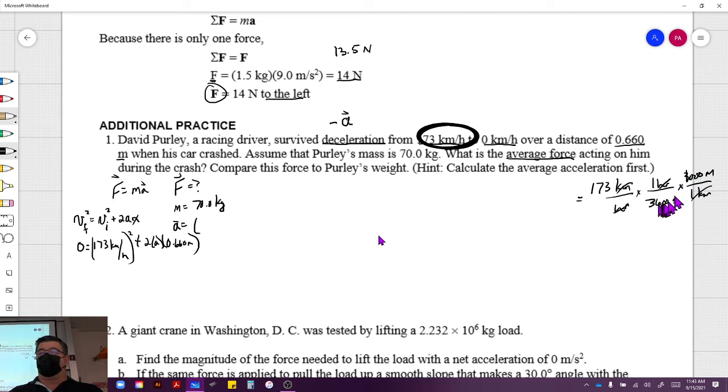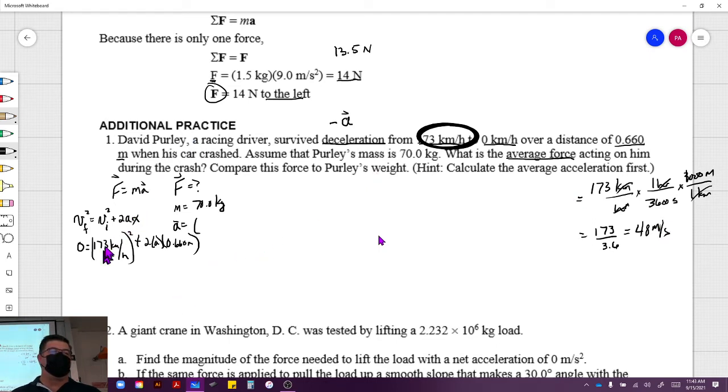So our 1,000 and our 3,600 can cancel, so we can just divide 173 by 3.6. Okay, you will eventually realize that to go from kilometers per hour to meters per second, you divide by 3.6. It'll always work that way. And that is going to equal, I'm not going to do this on screen, 173 divided by 3.6 is 48 meters per second.